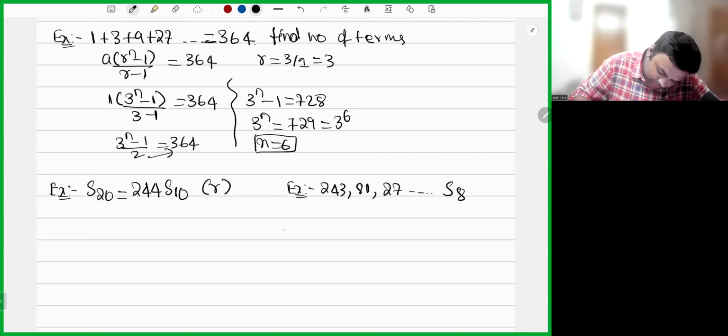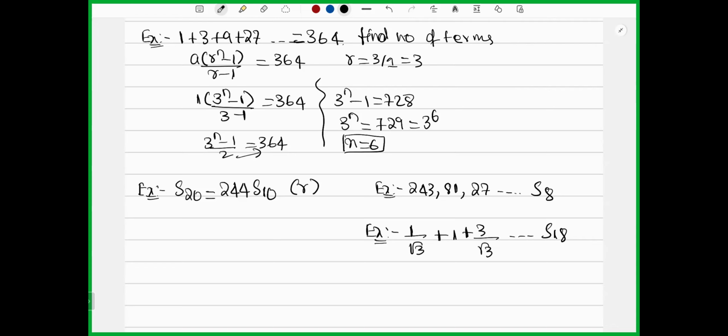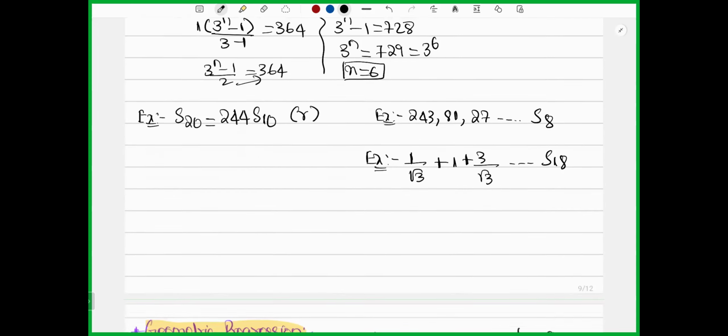Calculate S8. Next example: 1 by root 3 plus 1 plus 3 by root 3, so on. Calculate S18. 3 questions. I'll give you 4 to 5 minutes. Please make sure you solve it and tell me the answer. Come on, everybody. Go ahead.